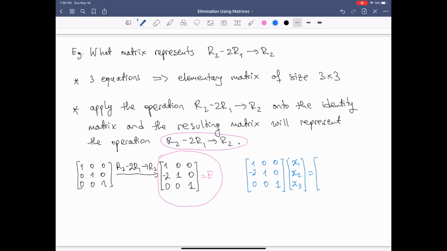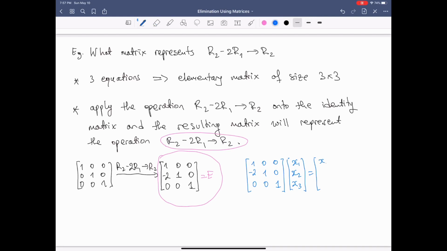We could carry out the multiplication rows times the vector, so using dot products, or we can use linear combinations. Just for the sake of saving space, let's carry it out first row times column, second row, third row, and so on. So when I apply the dot product of the first row times the vector x, I just get 1 times x1 plus 0 plus 0.